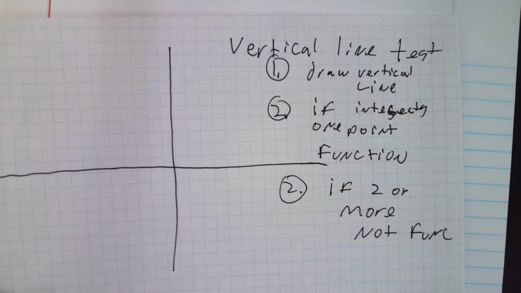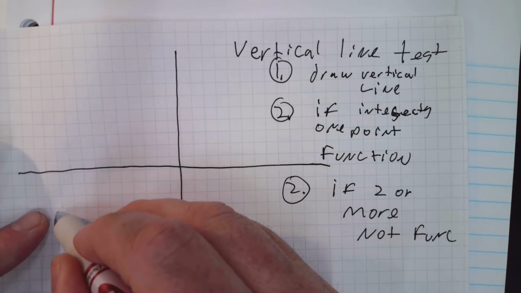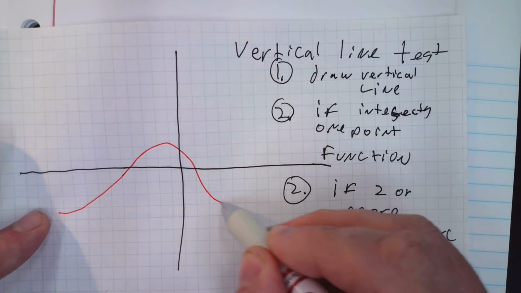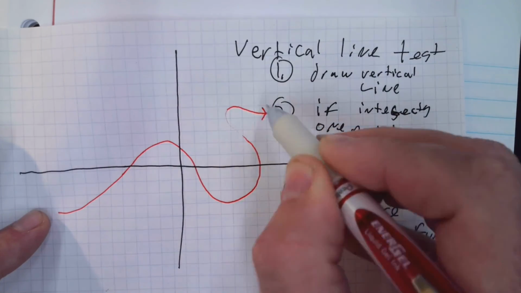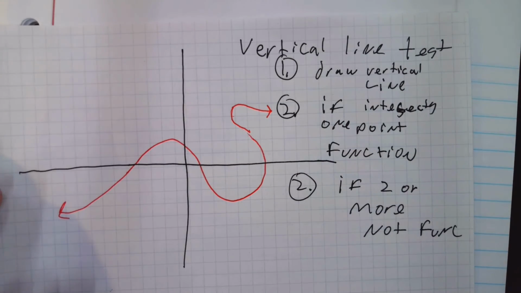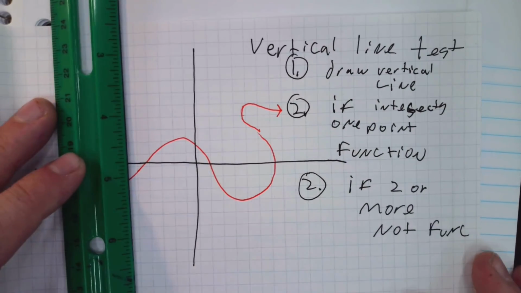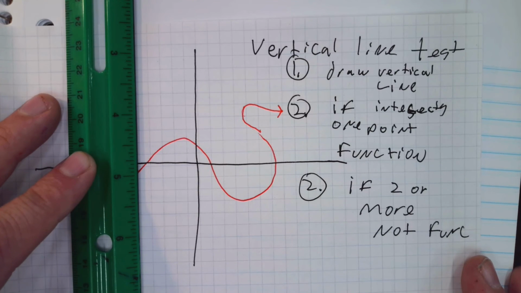Okay? So I'm going to draw a little thing right here, and then we're going to test the vertical line test here. Let's see if it passes. All right, let's see. Here's my vertical line. How many points does that intersect? 1. So I'm going to quit, and it's a function, right?